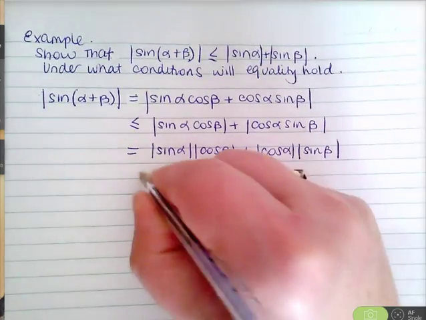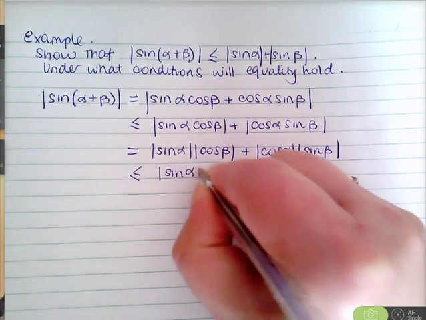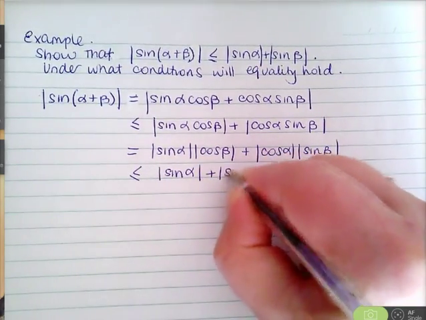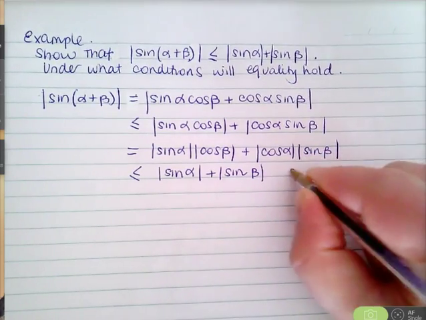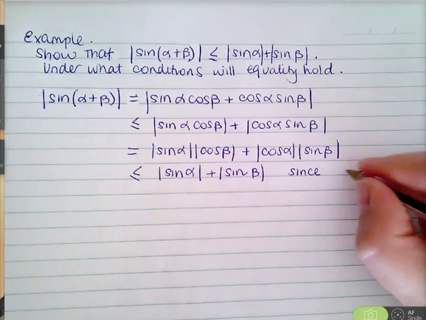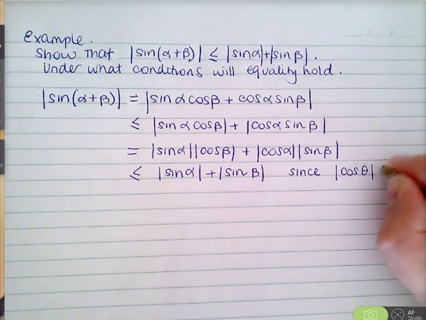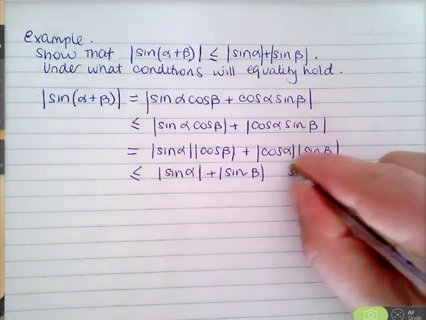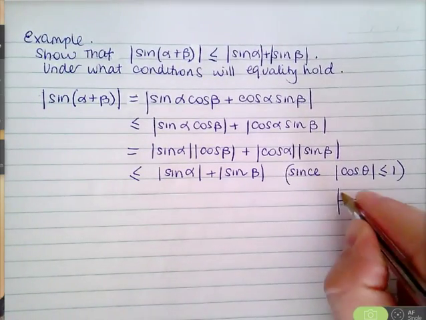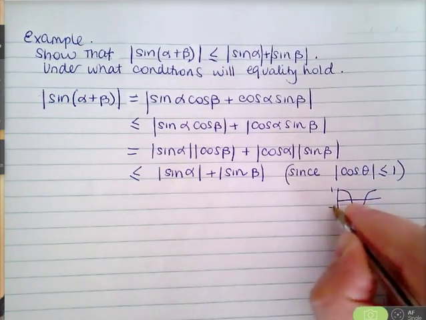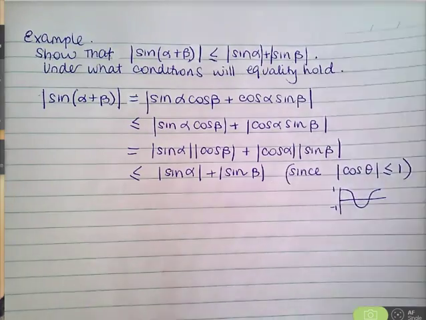which is less than or equal to the absolute value of sine alpha plus the absolute value of sine beta, since we know that the absolute value of cos theta is less than or equal to 1. Because if you look at a cos curve, the values go between 1 and -1.